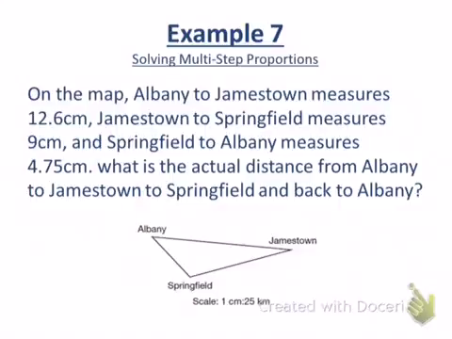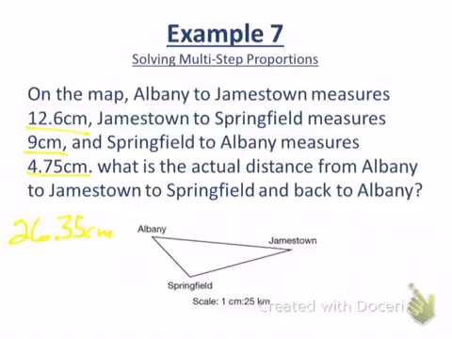Anyway, so what's the total distance around these in centimeters? 21.6 centimeters plus 4.75. What is that? 21 plus 4 is 25, plus 1.35 is 26.35 centimeters total.